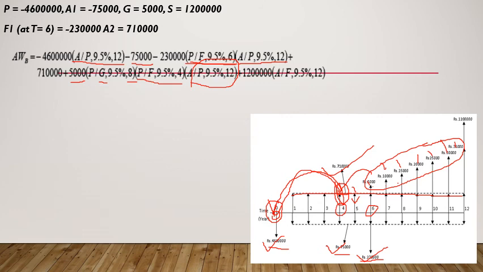Whenever you convert G into P, its P will be situated 1 year before the first payment. Then convert that into P at t equal to 0 using the factor P/F, 9.5, 4, and then convert that into equivalent annual cost by using the factor A/P, 9.5, 12. That is done. G is taken care of.